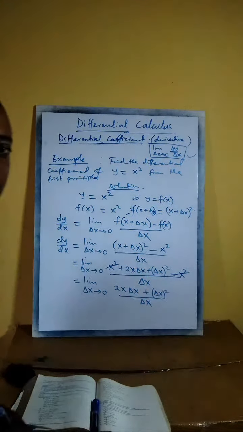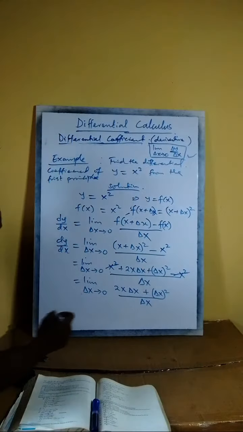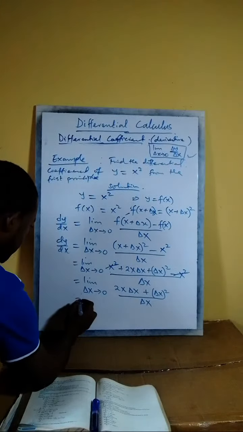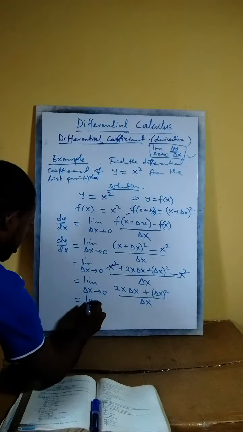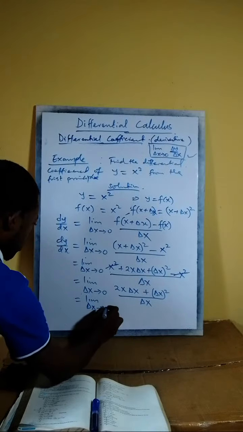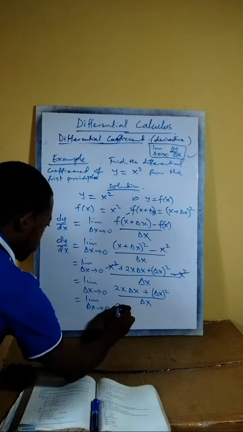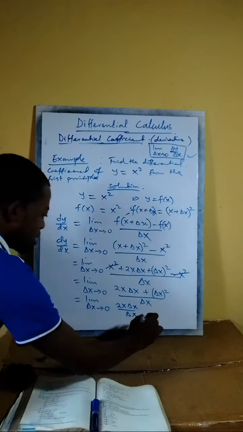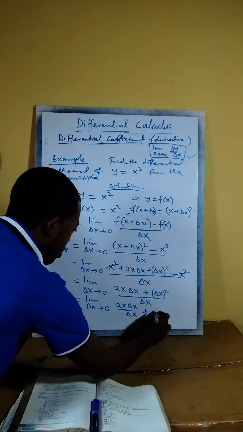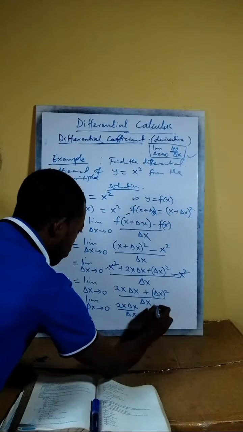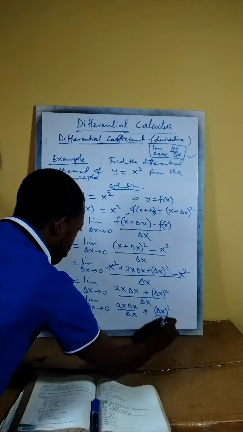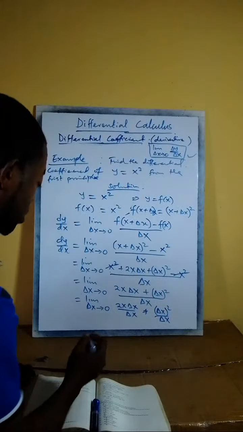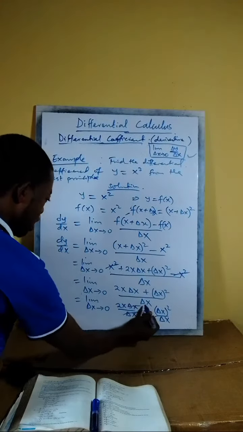Now, this fraction we have here, we can separate into two fractions. That is, this is the same thing as the limit as delta x tends to 0 of 2x delta x over delta x plus delta x squared over delta x. Now here we can reduce this, because we cancel delta x here.